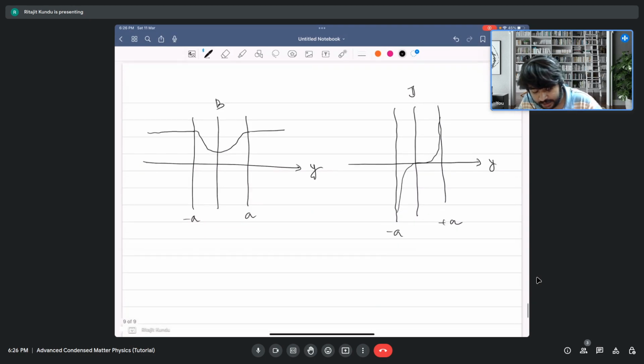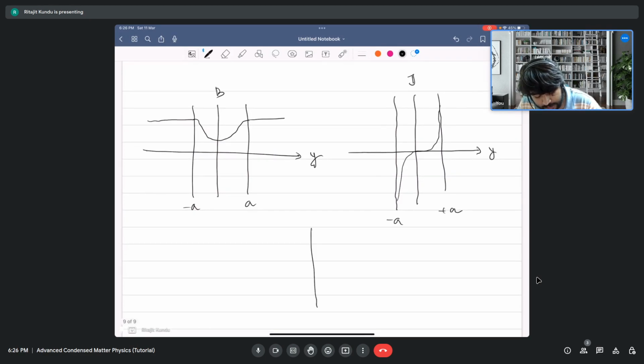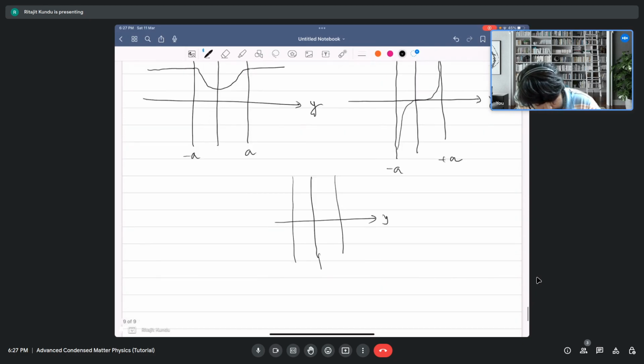And what about the directions? Let me draw another picture. I have a slab. This is my y direction, this is my x direction, and this is my z direction. Inside, the magnetic field is being generated in the z direction.